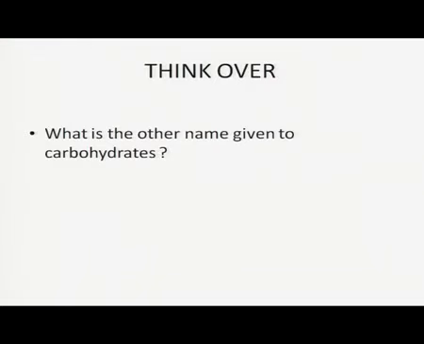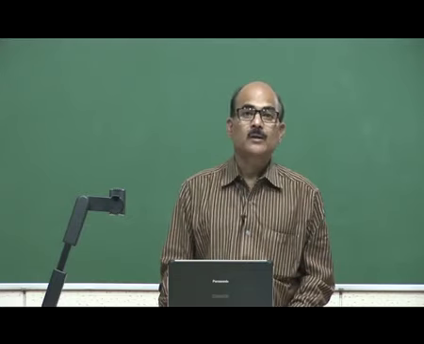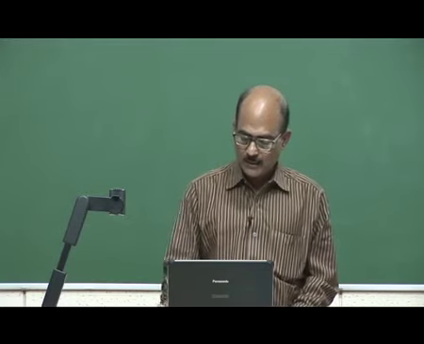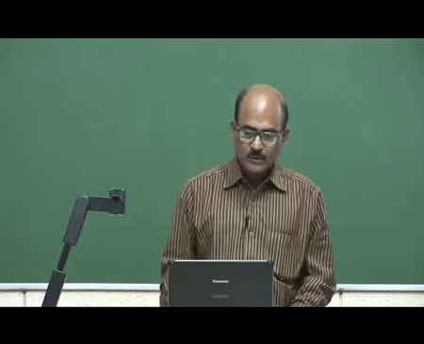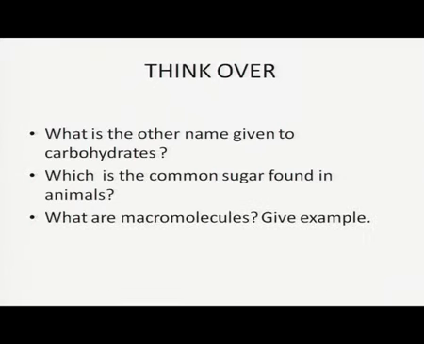What are the other names given to carbohydrate? As I have already discussed many times, you can find the other name of carbohydrate. My next question is, what is the common sugar found in animals? My third question is, what are macromolecules? Give examples.